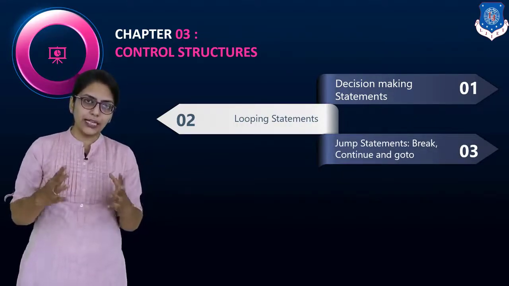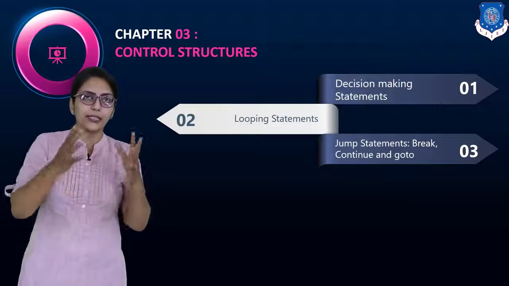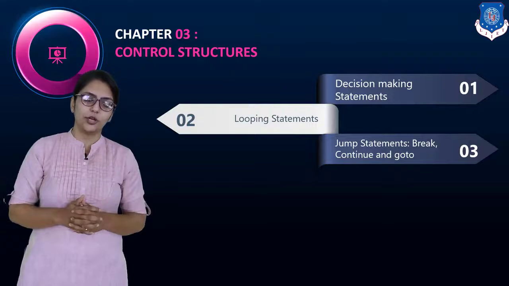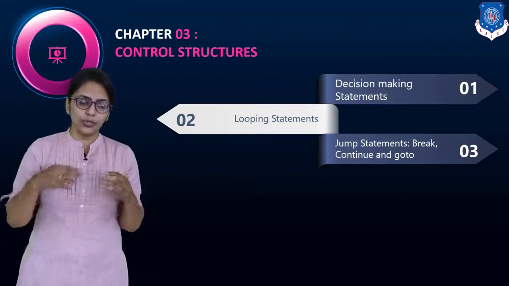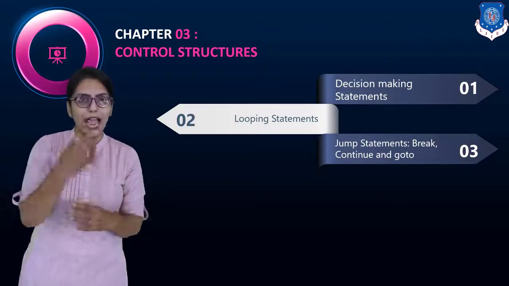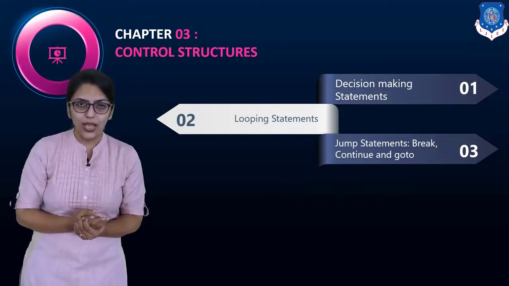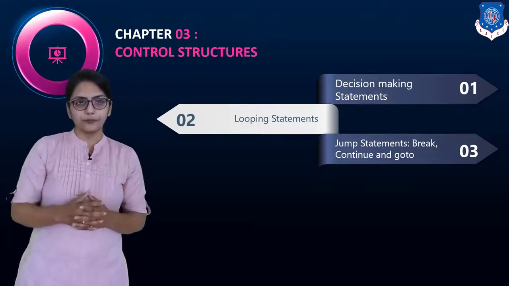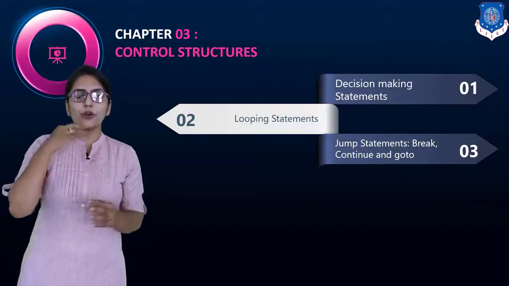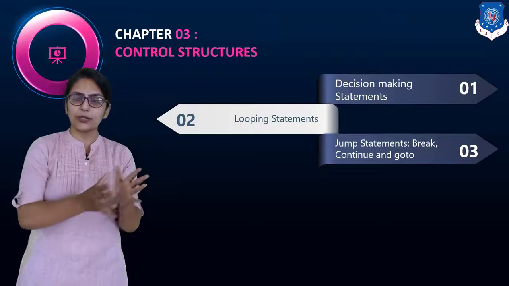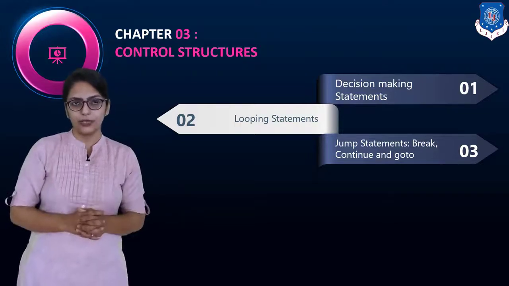Suppose I am telling you that I am going to print that the student has passed the exam on the screen. Do you really think that I need to print it for every student? No, I am not printing it for all. I will print it for those students only who have passed the exam based on some kind of predefined threshold.